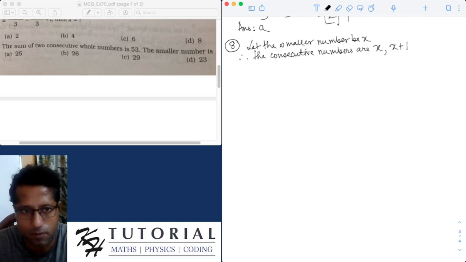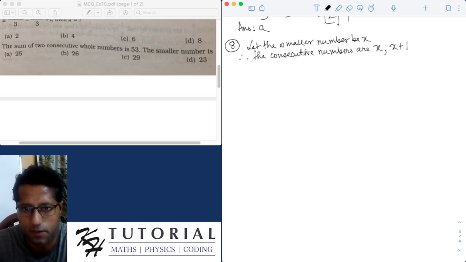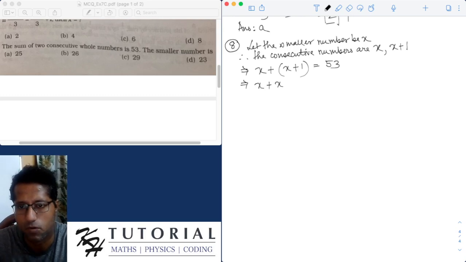Therefore, as per the problem statement, it is said that the sum of the two consecutive whole numbers is 53. This implies x plus x plus 1 equals 53.